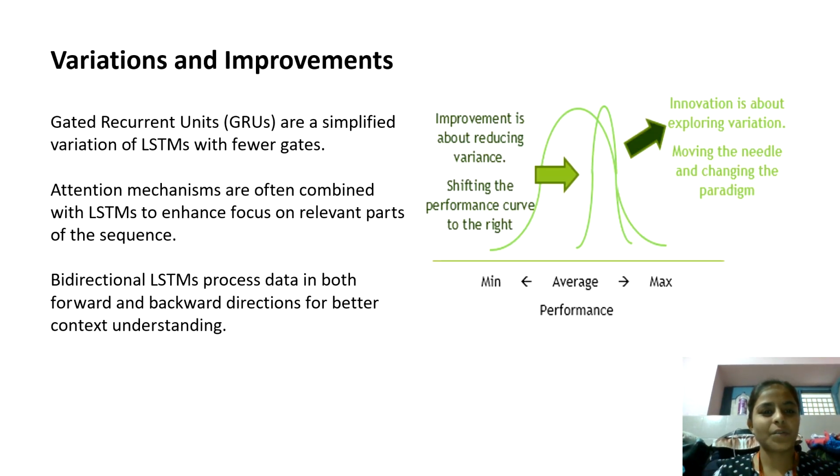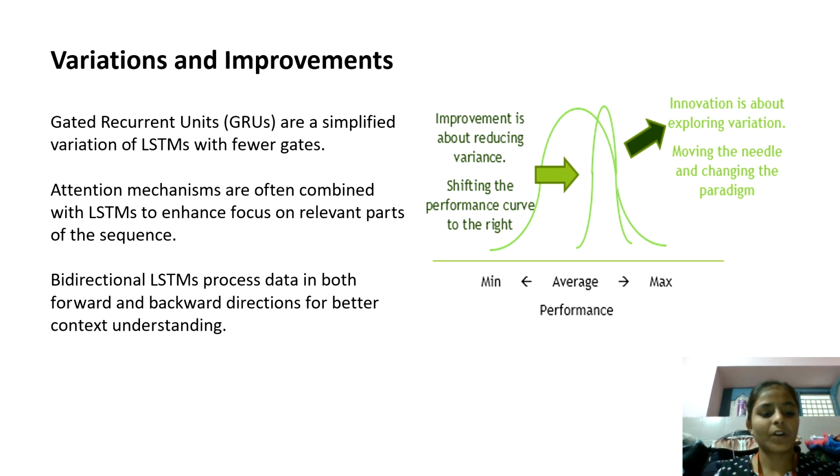And the variations and improvements of LSTM. One important variation is the gated recurrent unit, or GRU. GRUs are a simplified type of recurrent architecture with fewer gates. Another improvement is the use of attention mechanisms.